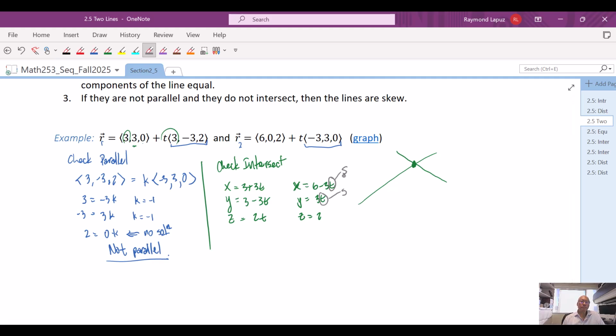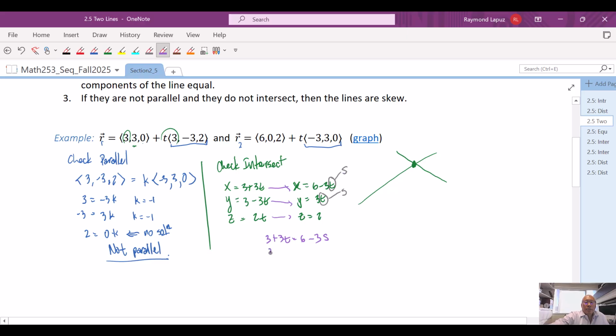Okay, so we will set them equal to each other, as we have already mentioned. We have 3 plus 3t is equal to 6 minus 3s. Now I'm changing the parameter for the second line.